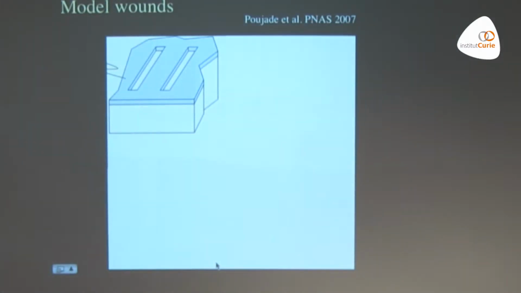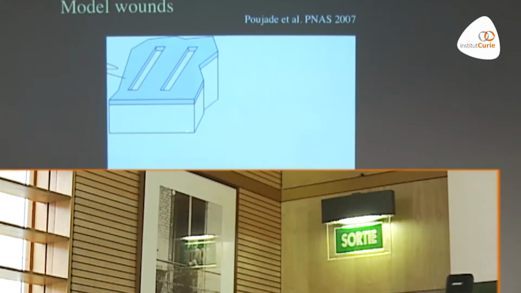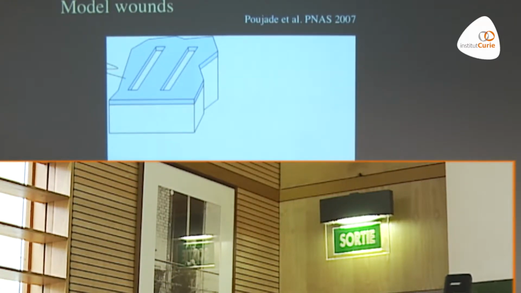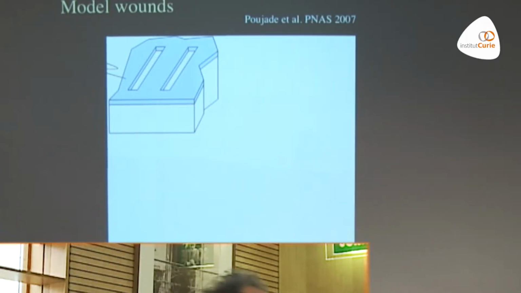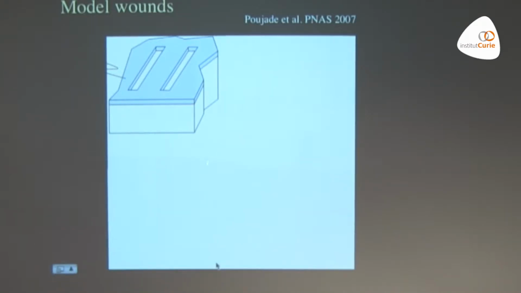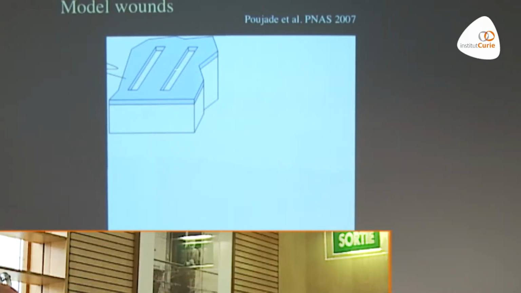For a long time, people have studied models of wounds where you scratch some cells in vitro in a Petri dish, and Pascal, I'll show you the Pascal version of that, which is even more of a model, but more reproducible. The idea is to use microfabrication techniques to have a wound where cells are not there, a very clean wound.